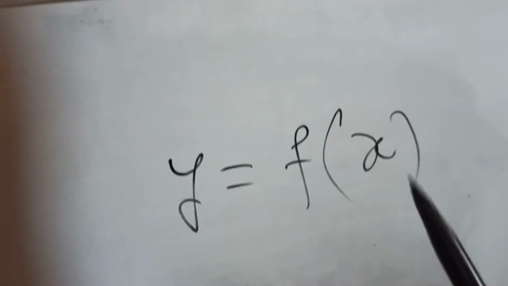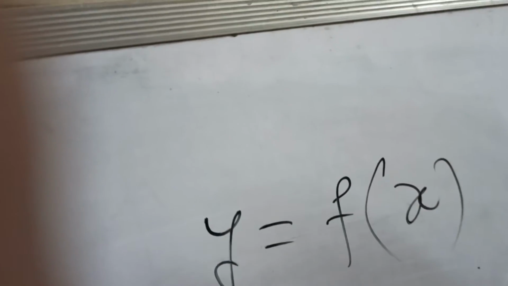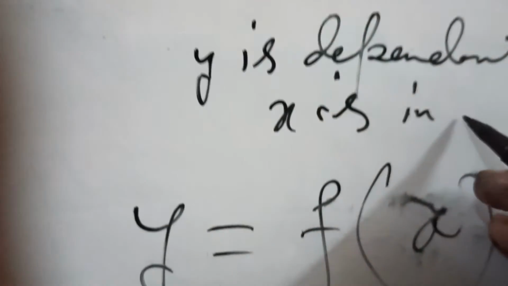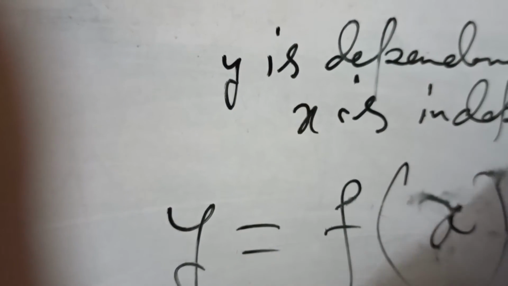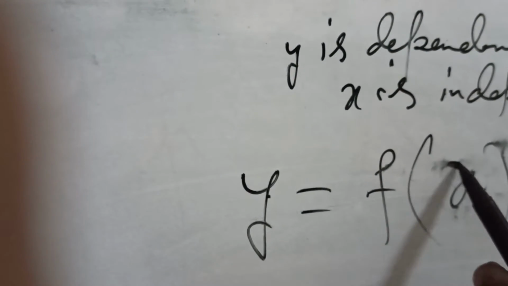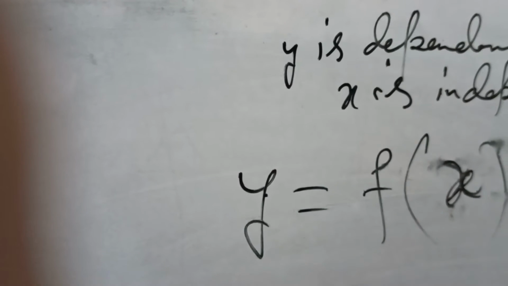Say y equal to f(x) is a function, where y is the dependent variable and x is independent, because y is depending upon the value of x.